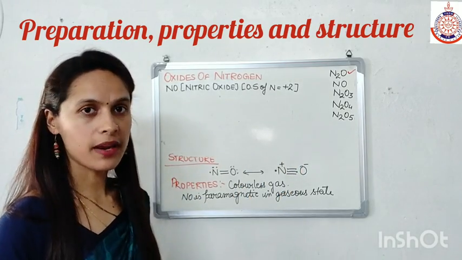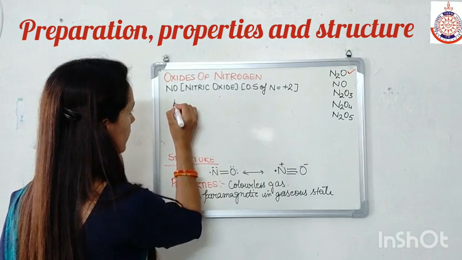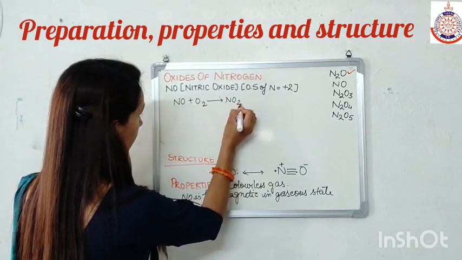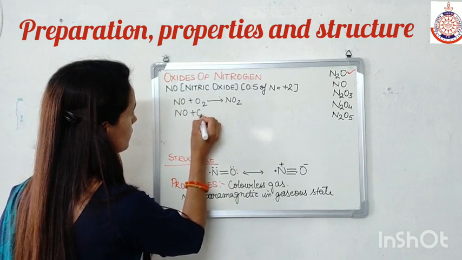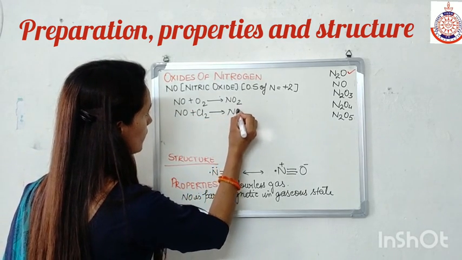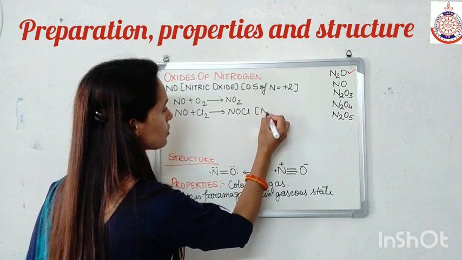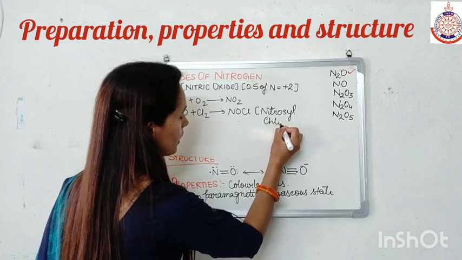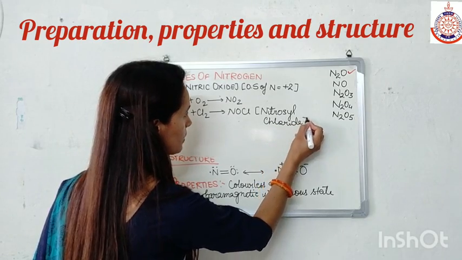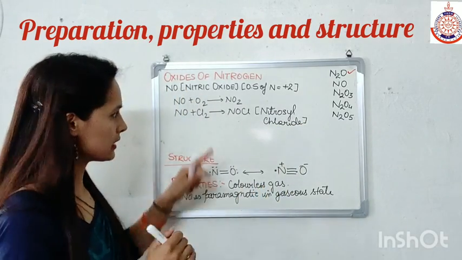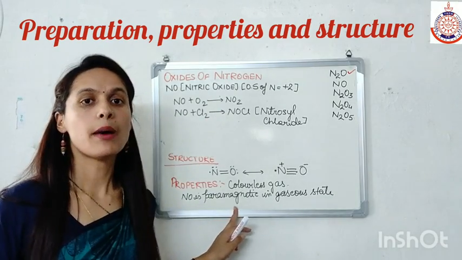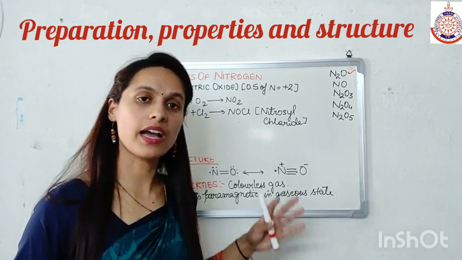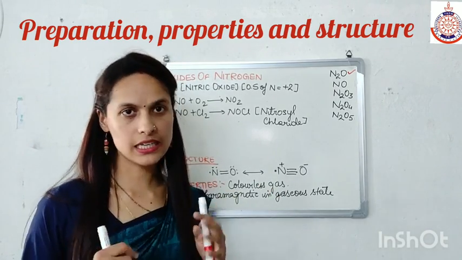Means due to its paramagnetic nature, it reacts with O2 rapidly to form NO2, and similarly it reacts with Cl2 to form NOCl, and this NOCl is known as nitrosyl chloride. These two reactions are very fast, again because of its paramagnetic nature.